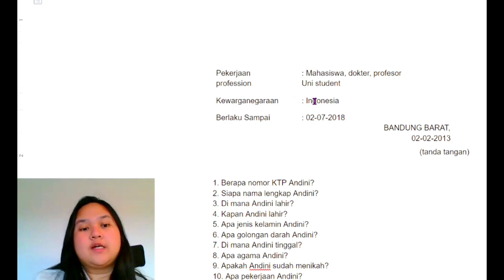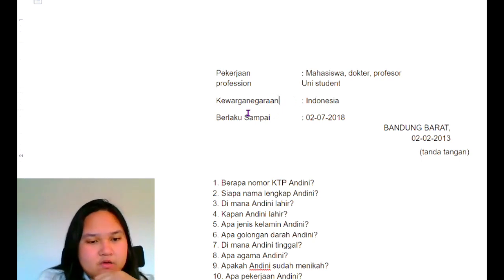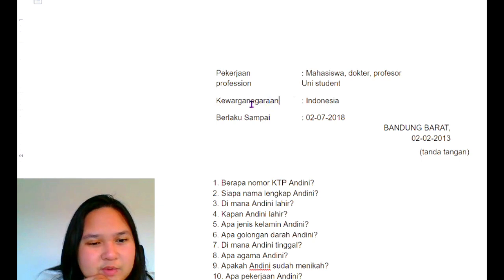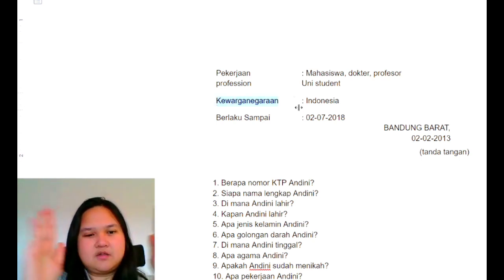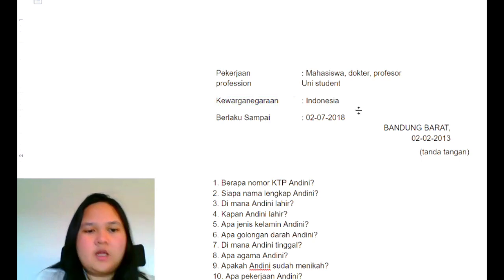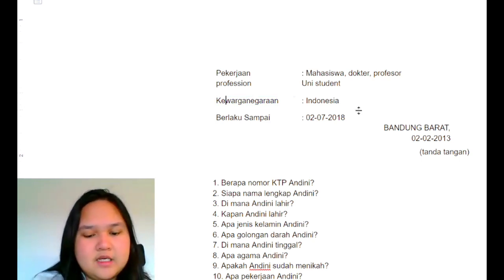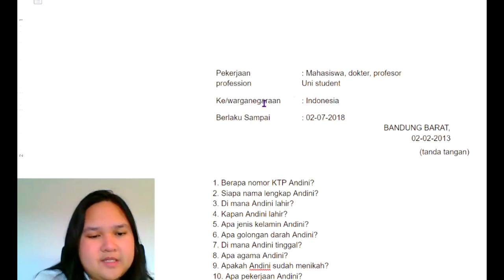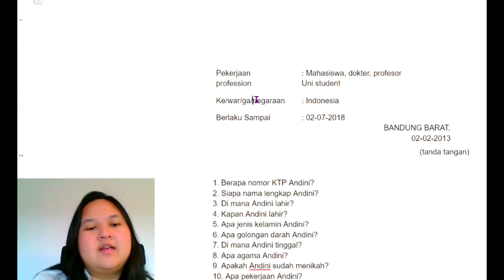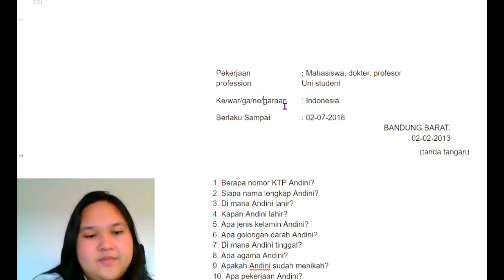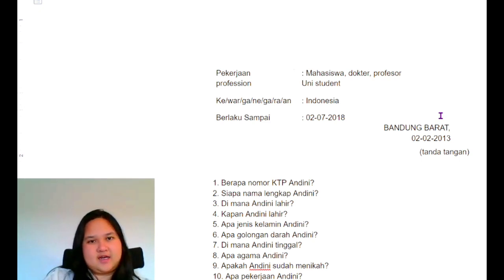And we have also kewarganegaraan. It's probably difficult to read this one, kewarganegaraan, because it's so long and a bit complicated, but I will separate it. Kewarganegaraan.